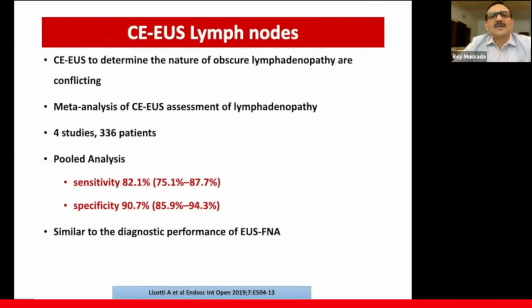Now coming to lymph node, to determine the nature of obscure lymphadenopathy, the evidence is actually conflicting. In the meta-analysis of CE-EUS assessment of lymphadenopathy, 4 studies, 336 patients, the pooled analysis shows that sensitivity is 82%, specificity 90%, similar to the diagnostic accuracy of EUS.